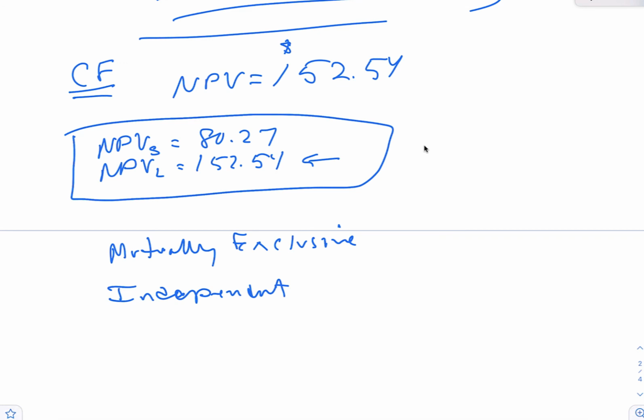It means one or the other. You pick the net present value that's highest. And two, if the projects are independent, which means you can accept all of them or reject all of them if they're negative net present values, then you select all projects that have a positive NPV. And so that's how the rule works.